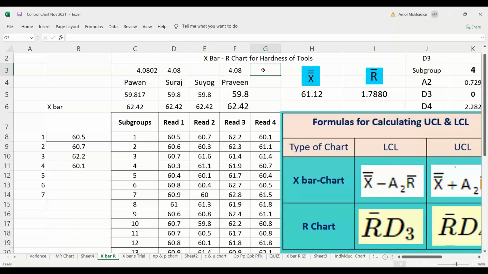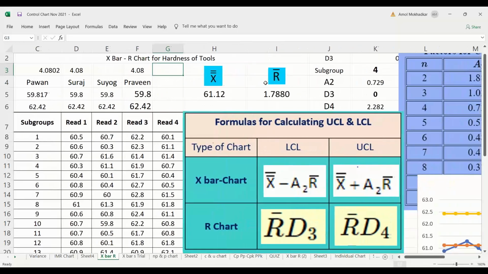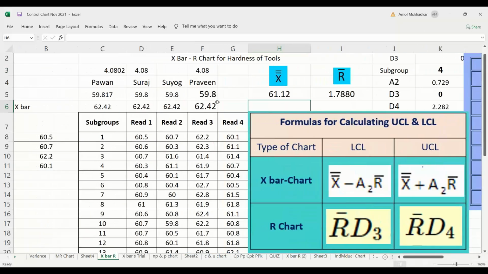Okay, now let us check. For LCL, X double bar 61.12 minus A2 value 0.729 into R bar value 1.7880.